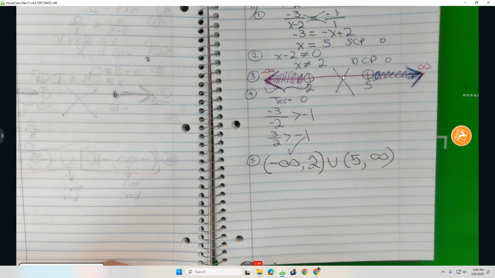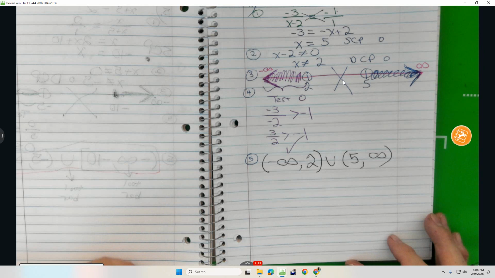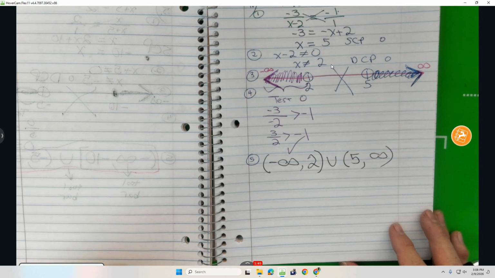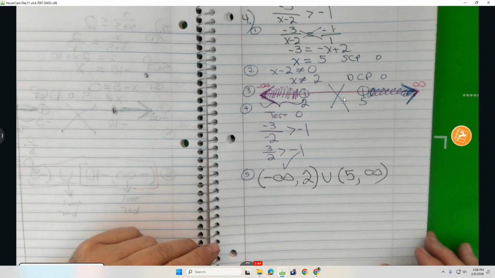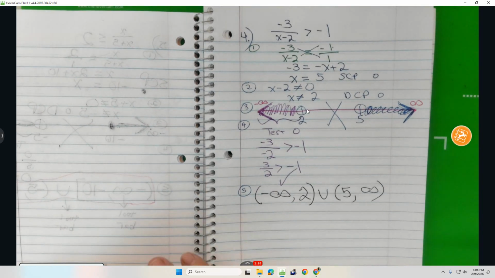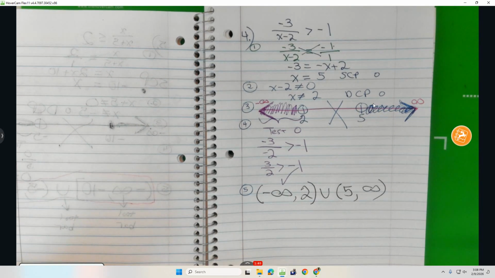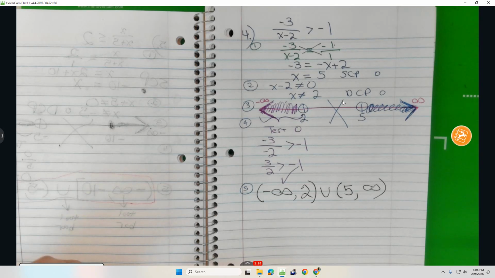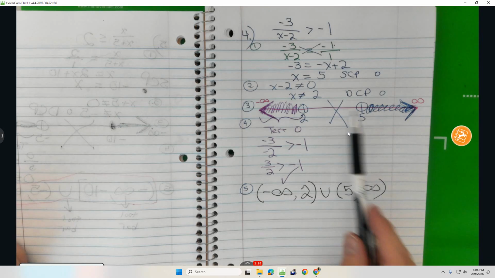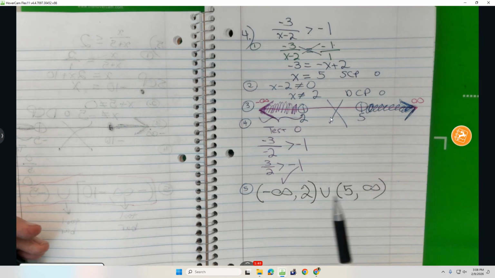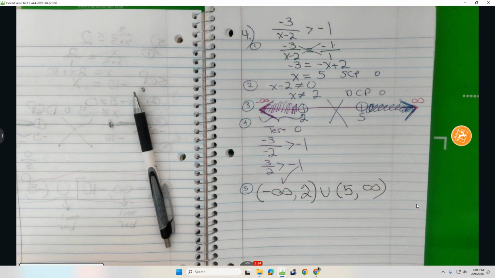The false interval should not be part of the answer. The reason we started crossing them out is we noticed students just go interval notation crazy and write out every interval, even the ones that were false. No, you do not. The intervals that you cross out are not part of the solution.